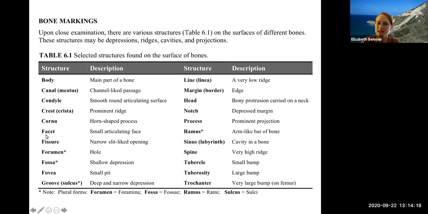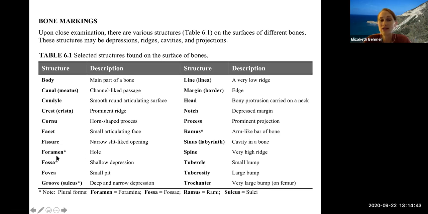A facet is a small articulating face. So if a bone marking has a facet, it's usually a small shiny or smooth area where another bone connects to it. A fissure is a narrow slit-like opening. You have fissures in your skull in the back of your eye socket. Foramen means hole.